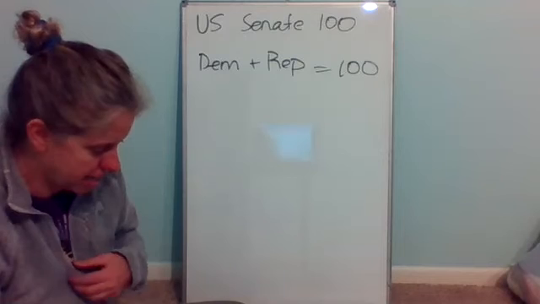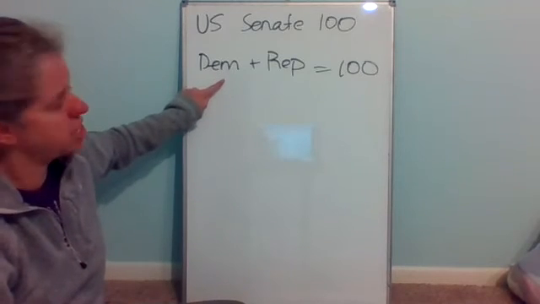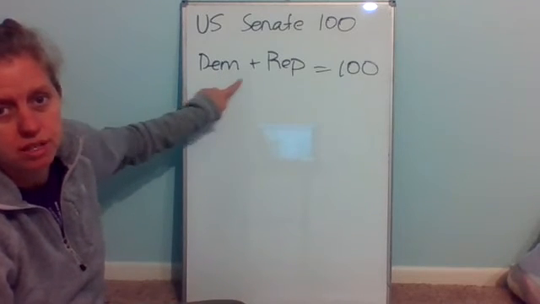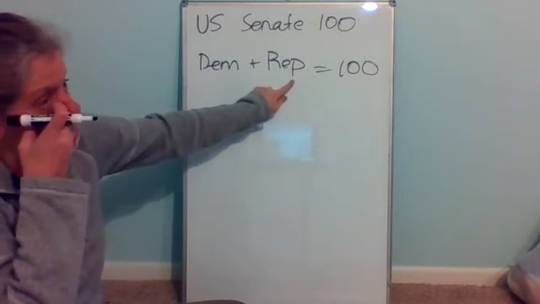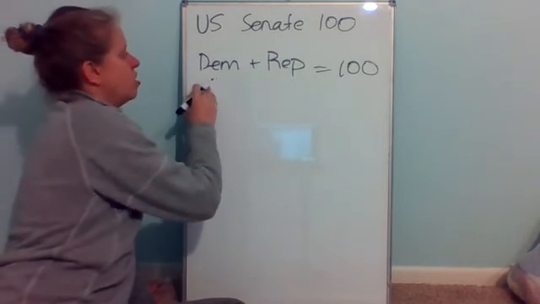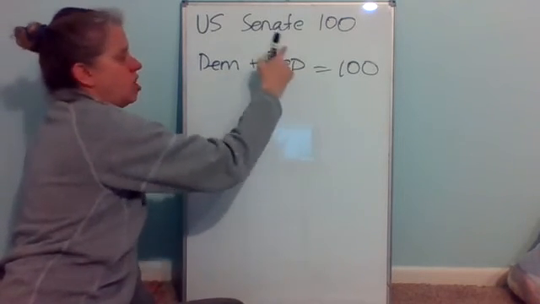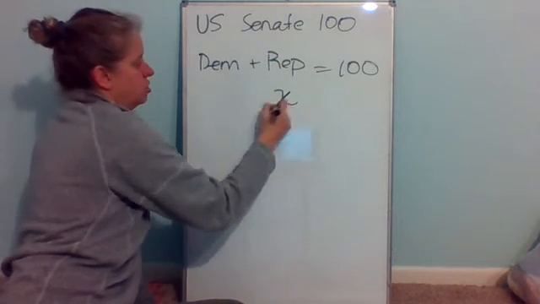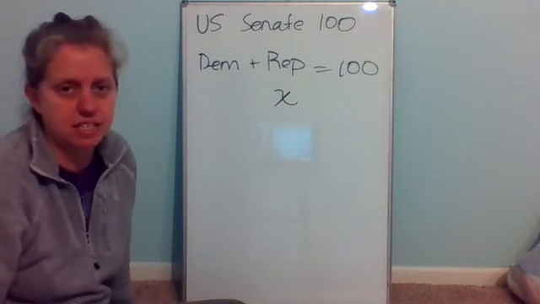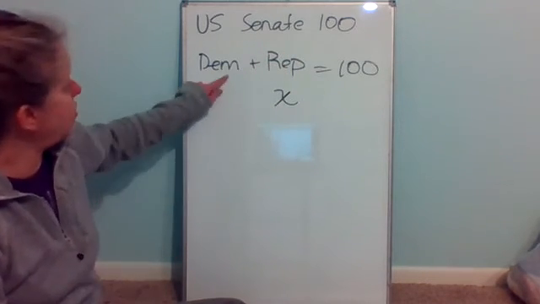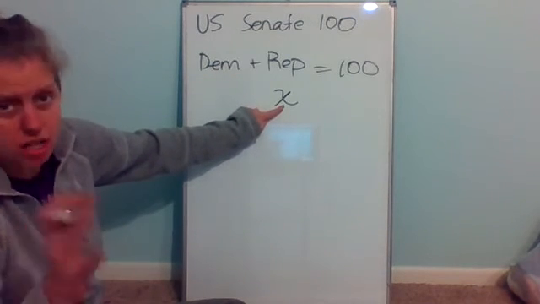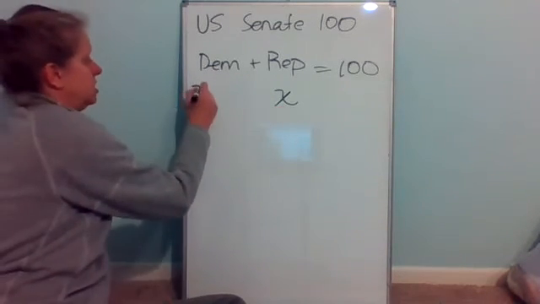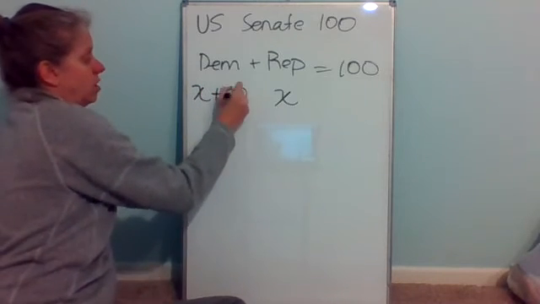So what this tells me is that there's 10 more in this group than there is in the Republican group. So 10 more Democrats than Republicans. I don't know anything at all about how many Republicans there are, so I'm just going to call those X. What I know about the Democrats is they have the same amount as the Republicans plus 10 more.